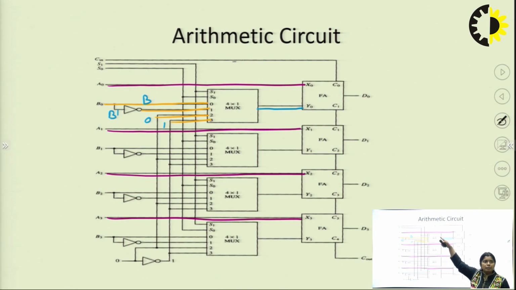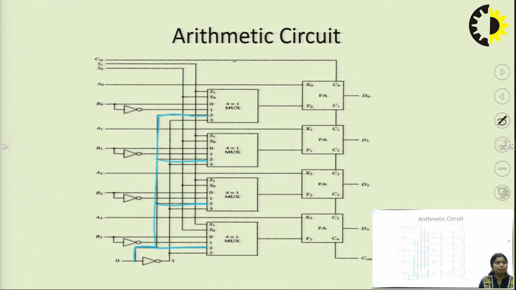That's why this Y output goes to the full adder as the second value, the B input, and X0 is considered as A0, because the A value never changes whatever the operation. That's why all of A0, A1, A2 and A3 go directly to the full adder.